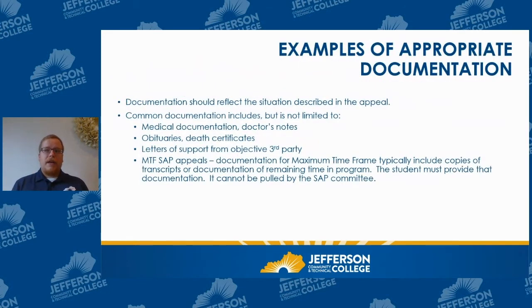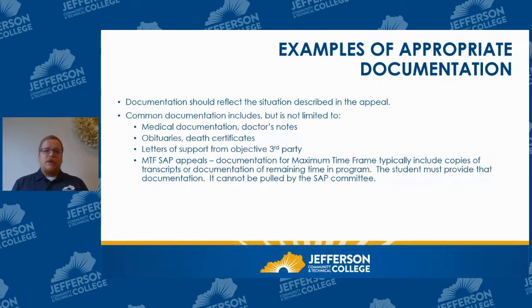So we talked a little bit about documentation before, but we're going to cover it a little bit more in depth here. The documentation should reflect the situation you describe in your appeal. So common documentation includes, but is not limited to, medical documentation or a doctor's note, obituaries or death certificates, letters of support from an objective third party, so that's somebody that's not affiliated with the school or affiliated with you directly, someone that can speak to your situation, such as a pastor, a therapist, or even just somebody that you know that knows what you've been going through.